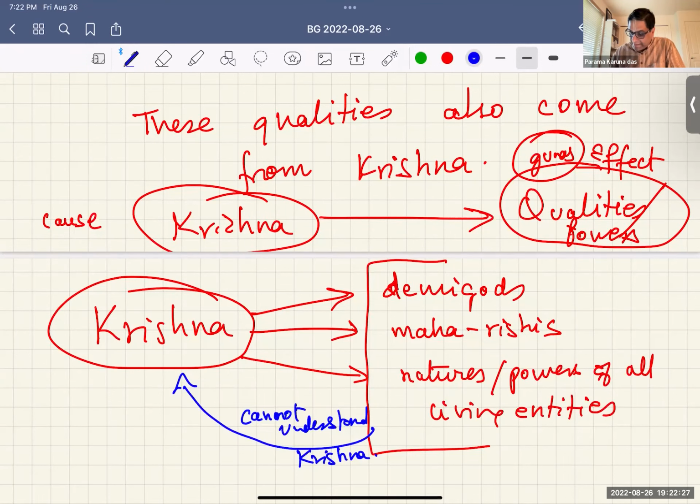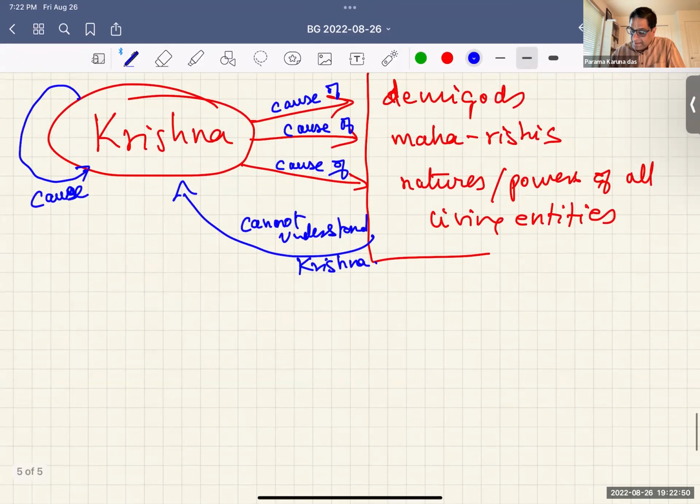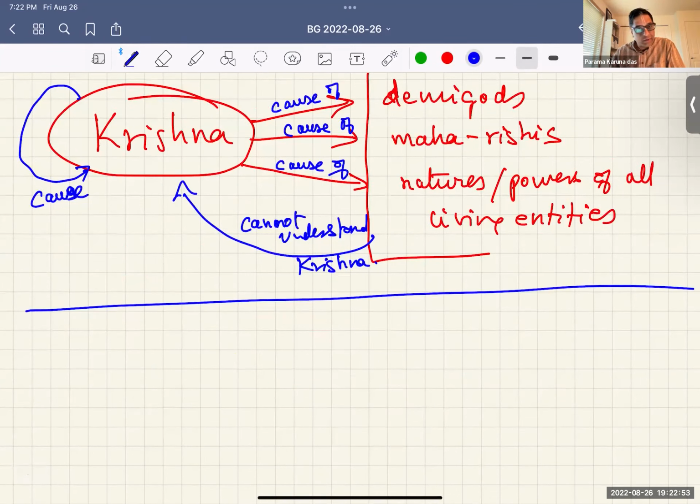Okay. And the other point Lord Krishna has made so far, that he is his own cause. Okay. And Krishna is the cause of all these. So from the right hand side, you cannot fully know the left. And Krishna is his own cause. Krishna has no other cause.